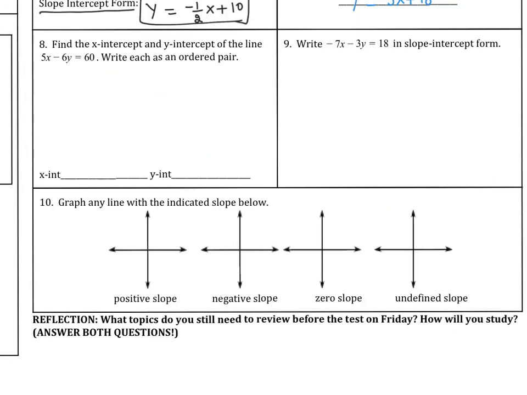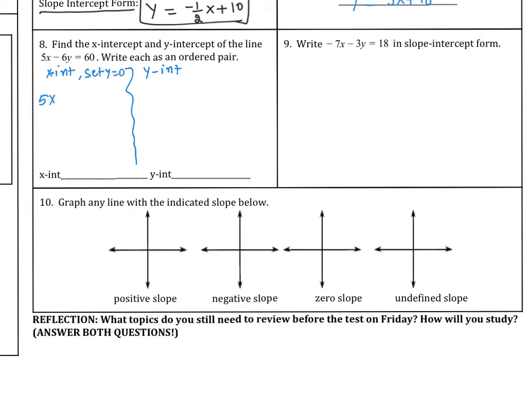Question number 8. Find the x-intercept and y-intercept of the line 5x minus 6y equals 60. Write each as an ordered pair. First we want to find the x-intercept, and then the y-intercept. To find the x-intercept, you're going to set y equals 0.